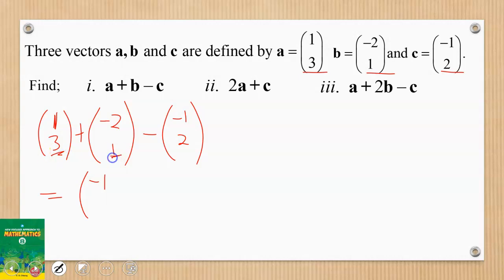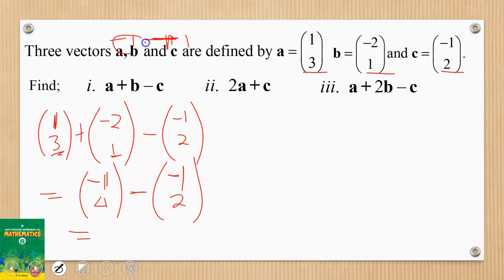Then 3 plus 1 will give us 4. Then we bring our minus (-1, 2) over here. -1 minus -1 will give us 0, and the reason is this: the two negatives add up to give us positive, so we get -1 plus 1, which is 0. Then we have 4 minus 2, which will just give us 2. So the vector for this question is (0, 2).